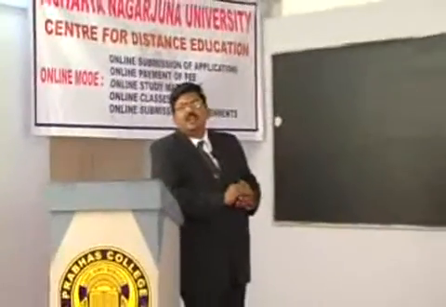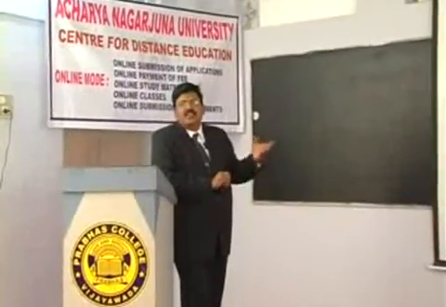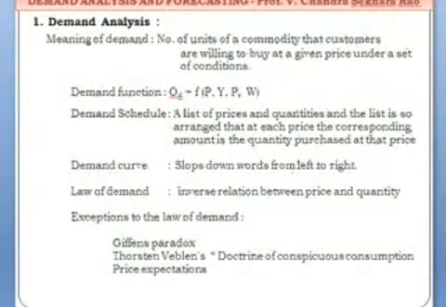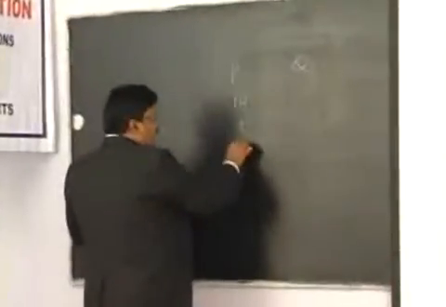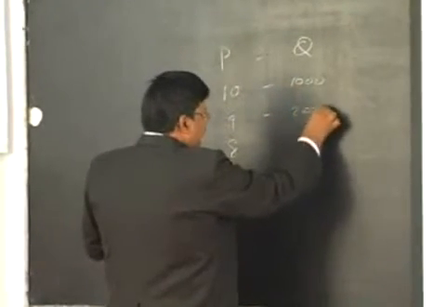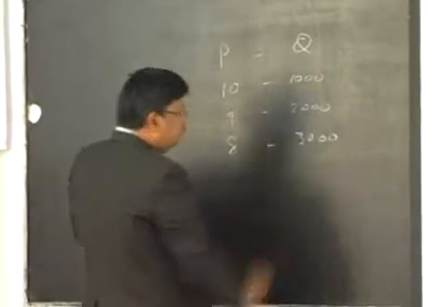What is a demand schedule? A demand schedule is a list of prices of a commodity, and the list is so arranged that at each price the corresponding amount is the quantity purchased at that price. So you can define a demand schedule as a list of prices and quantities. For example, you can see here the price and quantity: price per unit 10, 9, 8 and quantity 1000, 2000 and 3000 units.